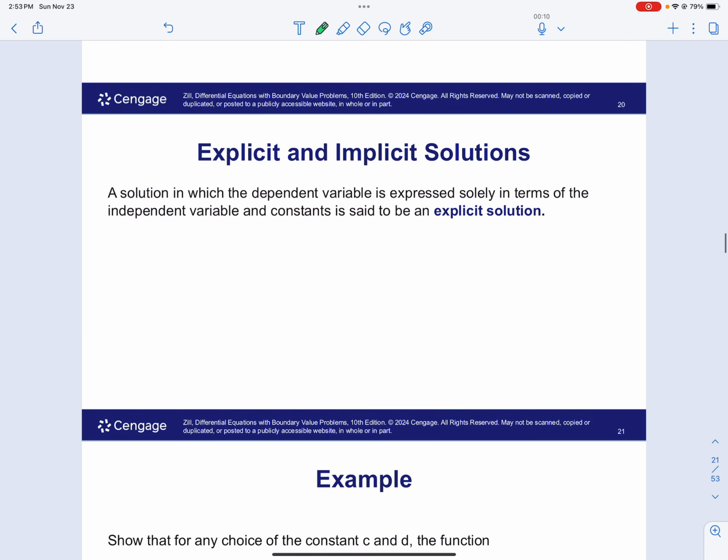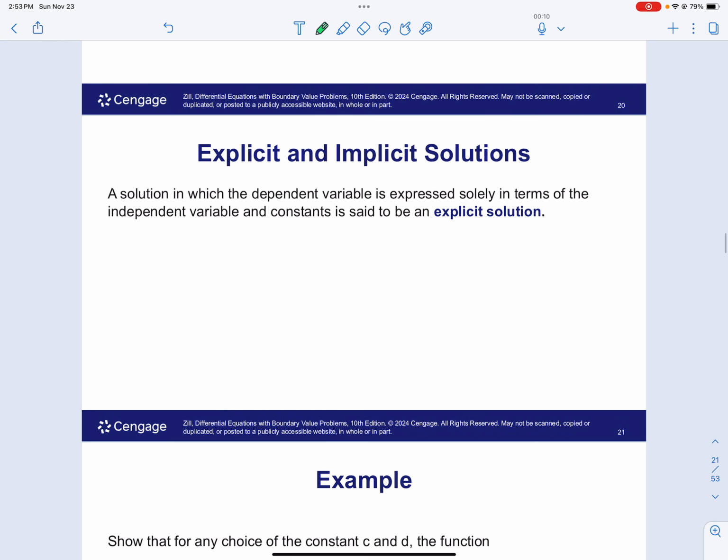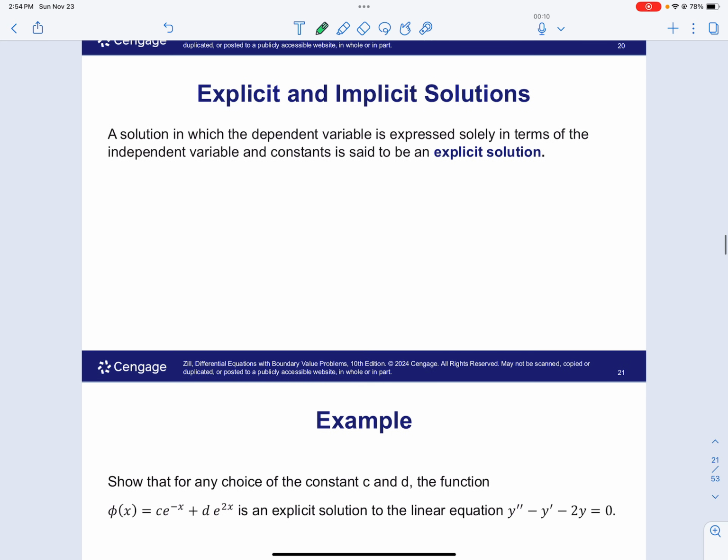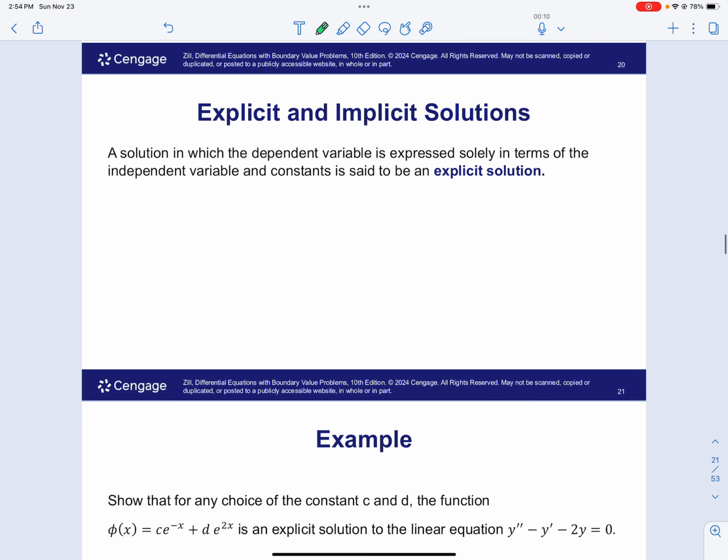Yeah. So the next thing that we wanted to talk about is explicit and implicit solutions. So what does explicit solution mean? It means your y will be equal to a function of x. On the right side, you only have the independent variable, no y anymore.